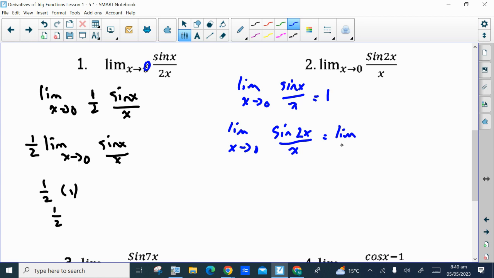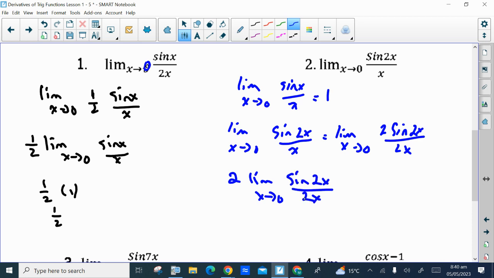So now we'll take the limit as x approaches 0 of 2 sine 2x over 2x. Again, I multiply top and bottom by 2. And then the factor of 2 on top will come in front. So it'll be 2 times the limit as x approaches 0 of sine 2x over 2x.